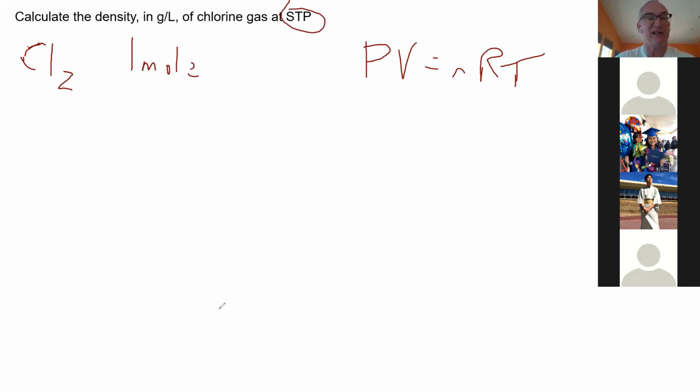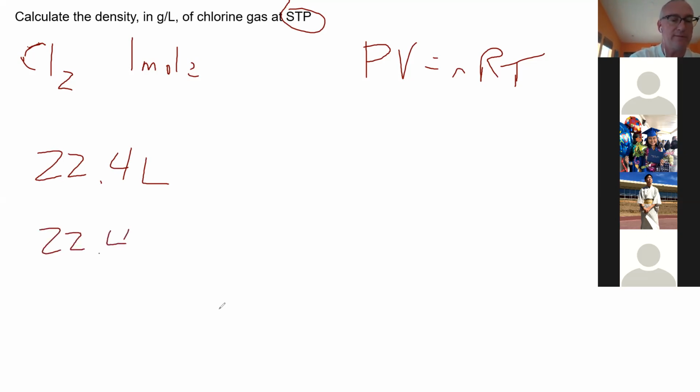We just did it a second ago. 22.4 liters. I think it's 22.414. Might as well use all of it then. So 22.414 liters. So that is our volume.